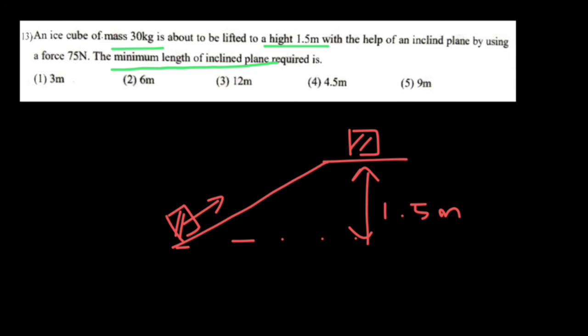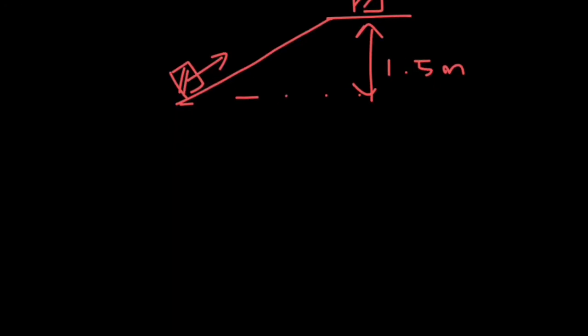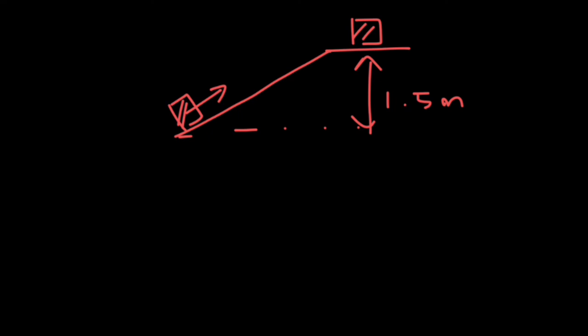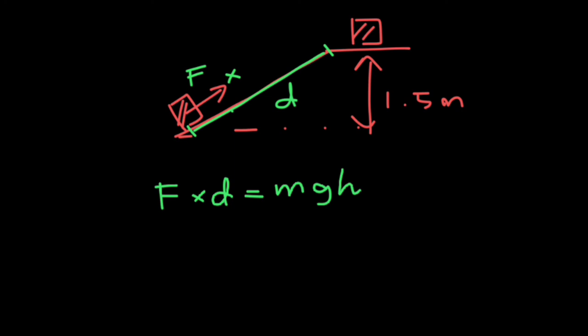So we can apply: applied force times the distance, or the length of the plank here, is equal to the work done, and the work done here is only the work done against gravity, that is mgh.